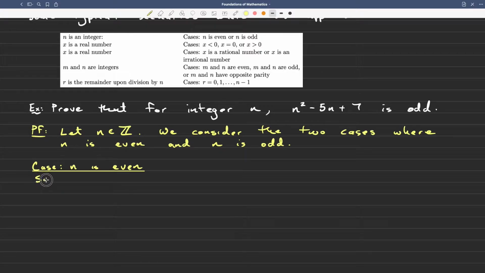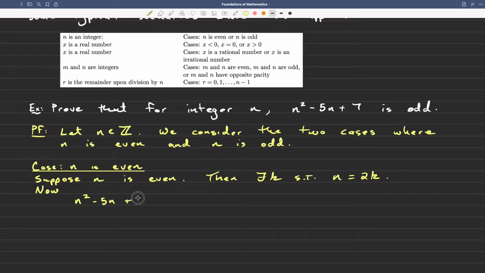So suppose n is even, then there exists some k such that n is equal to 2 times k. And now the expression that we want to show is odd, n squared minus 5n plus 7, is the same as (2k) squared minus 5 times (2k) plus 7. And we'll work with this and try to show that it is of the form 2 times an integer plus 1.